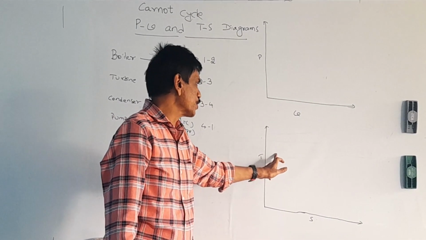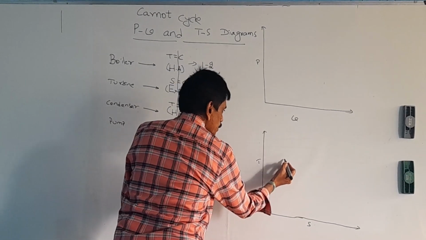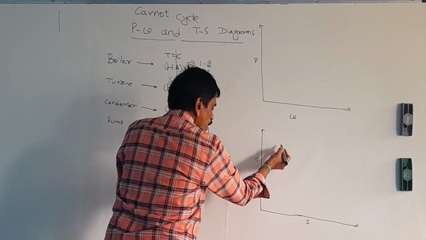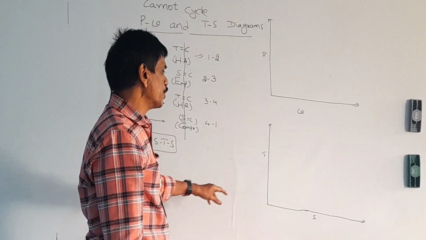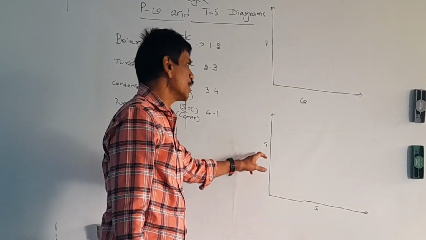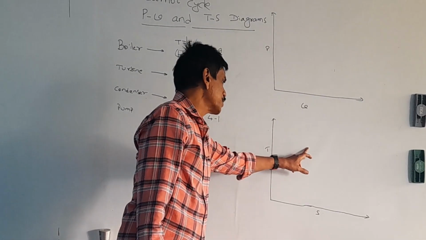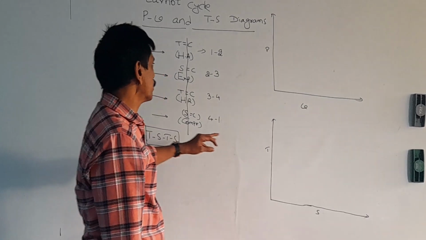On the TS diagram, constant temperature is horizontal. Constant entropy is vertical. Other than this, the remaining are curved lines. That is the basic concept for drawing the TS diagram.